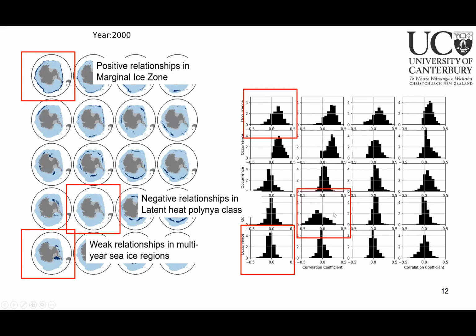We get negative relationships, which fits with my previous intuition. In multi-year sea ice, we get low correlations, more around the zero line, suggesting there's little sensitivity in multi-year sea ice regions to the winds, which is kind of what you'd expect. So it looks like it's doing an okay job.